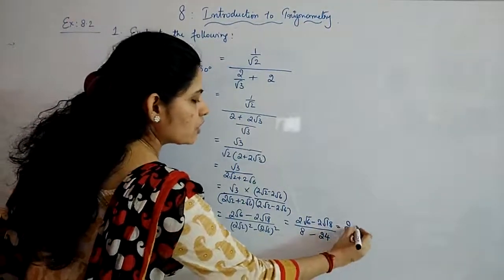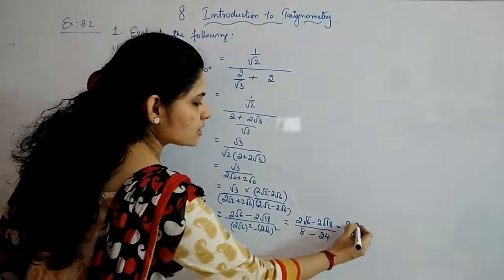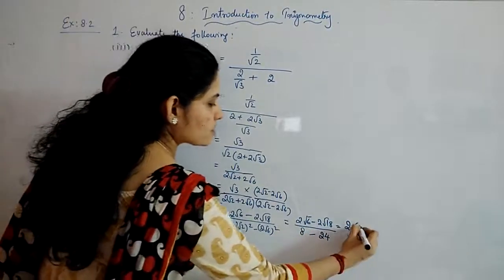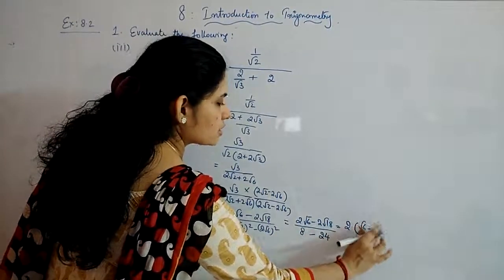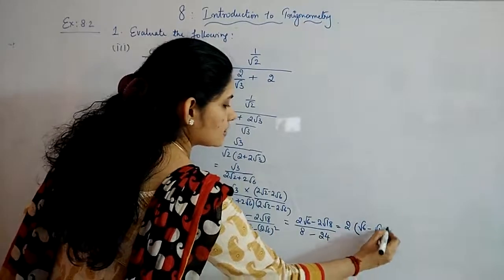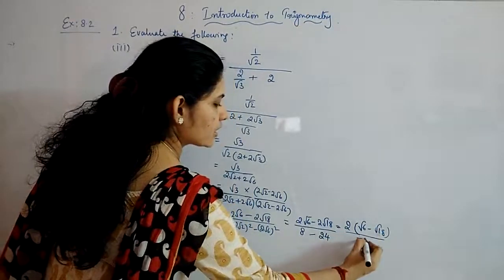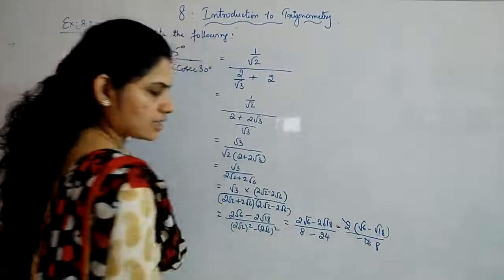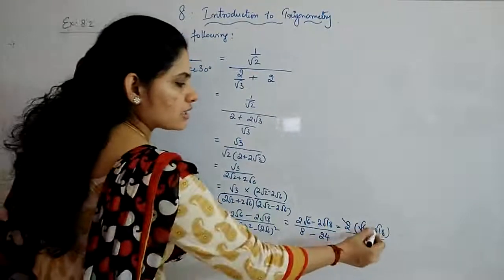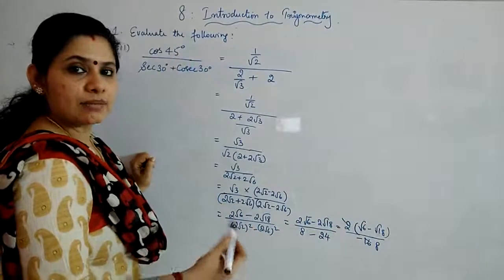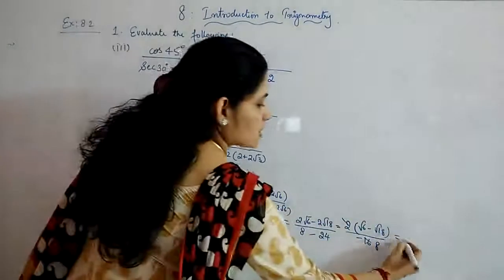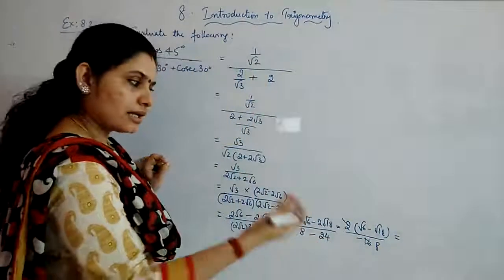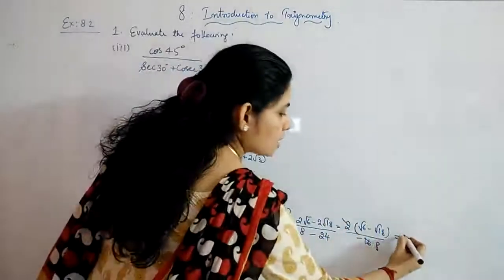This will give you, here in the numerator 2 is common, I am just taking it out. So it is root 6 minus root 18 divided by, here you are getting minus 16, so that you can cancel these two, 8 in the denominator. Now what is this root 18? Root 18 can be written as root of 9 into 2, and 9 can be taken out and it becomes 3 root 2.